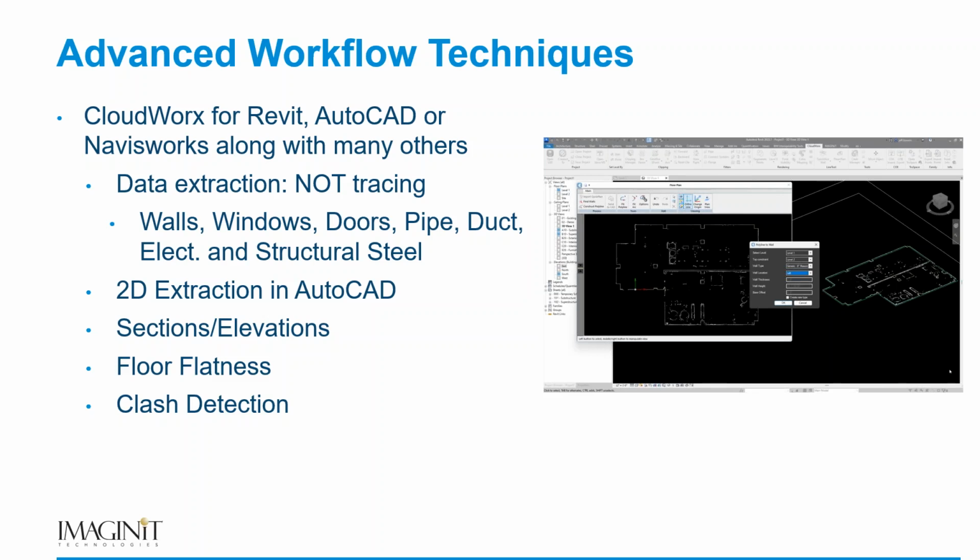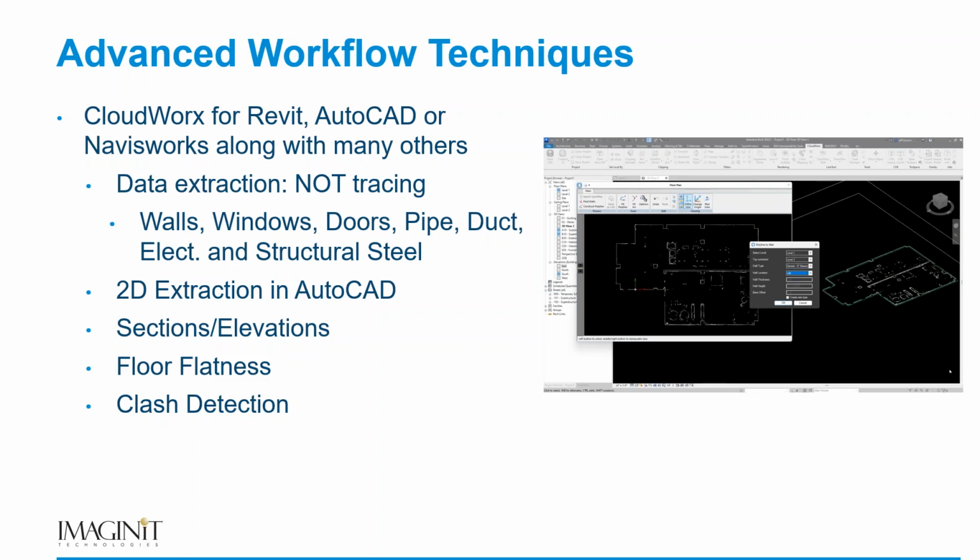There are tools inside CloudWorks for AutoCAD that allow me to slice that point cloud, pick on the walls, and have it convert those to 2D polygons for me. Not automatic, but it's very, very close to doing a lot of this for you. You, the user, still have to pick on those parts and pieces.